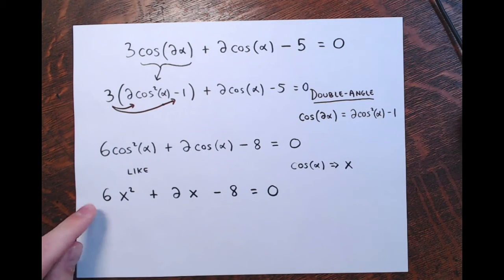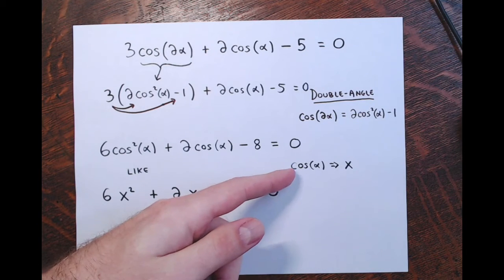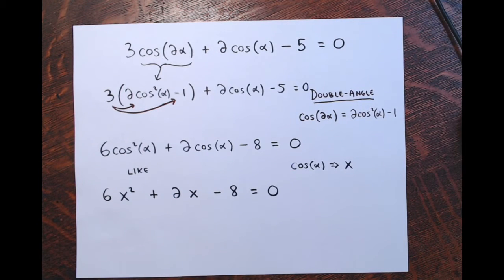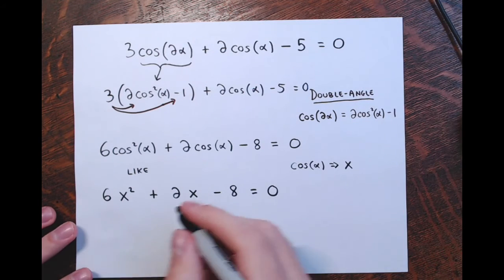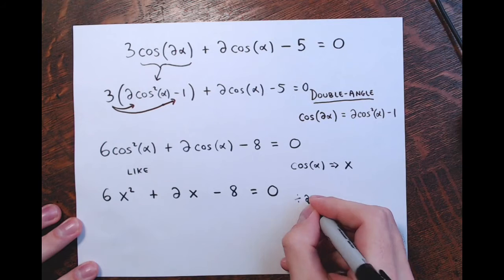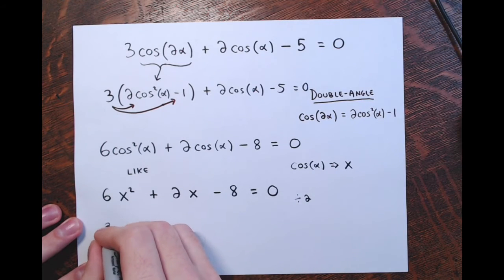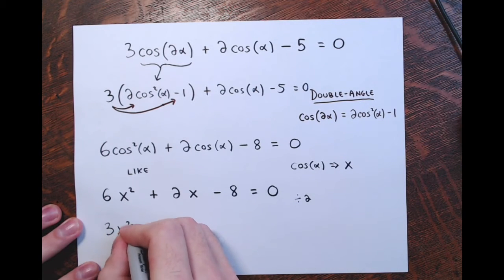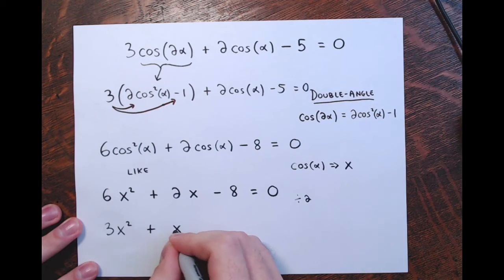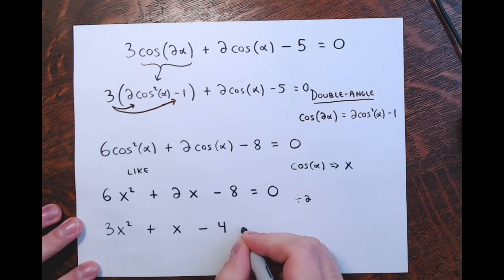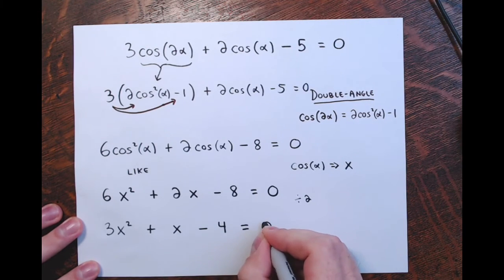What I'm going to do is solve this for x, and then we're going to substitute back and solve for alpha. Now something I'm noticing is that all these have a factor of 2, so I'm going to divide both sides by 2. And we're going to get now 3x squared plus x minus 4 equals 0.